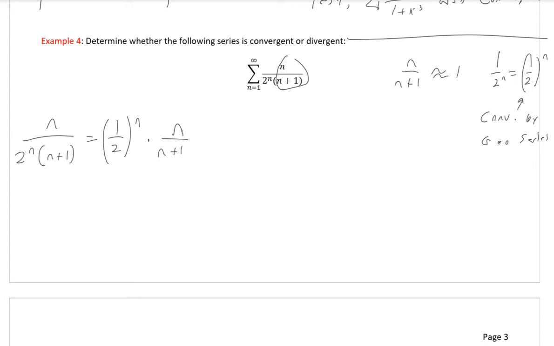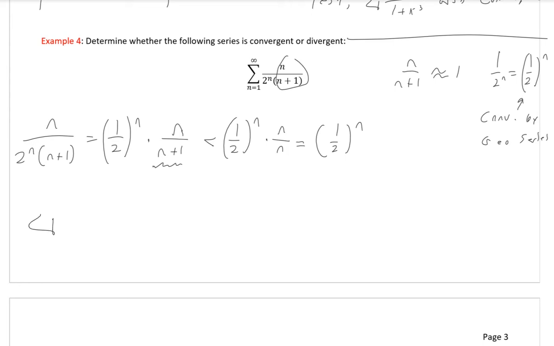But I know this is going to be less than 1/2 to the n power times n over n, because this one has a higher denominator. So that means it would likewise be less than something with a lower denominator. And n over n is the same thing as 1. So this is just 1/2 to the n power.